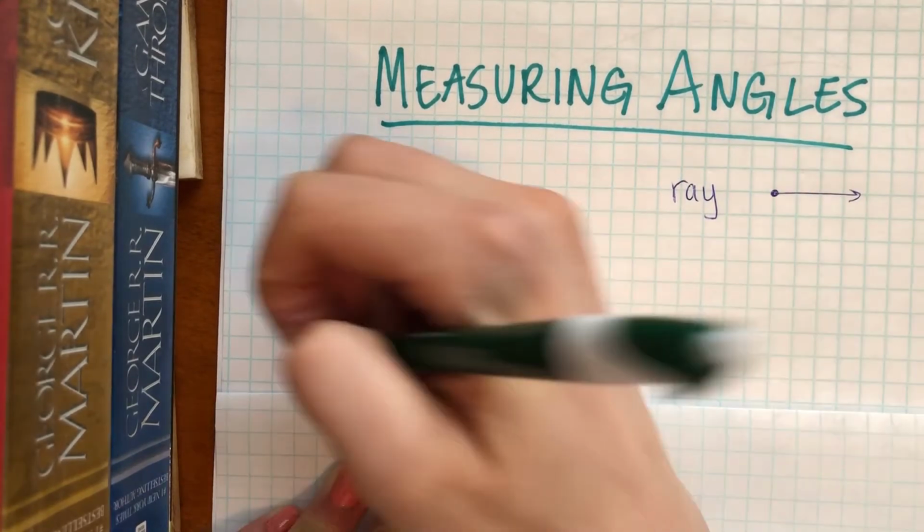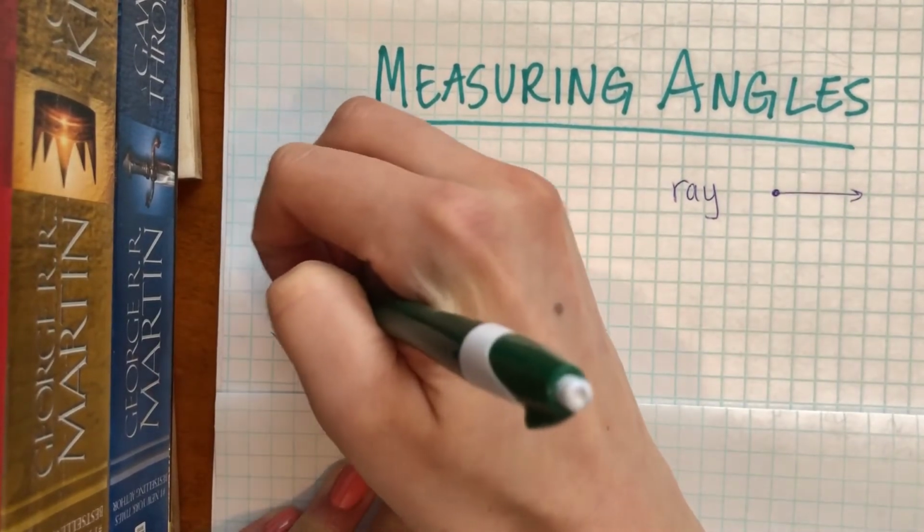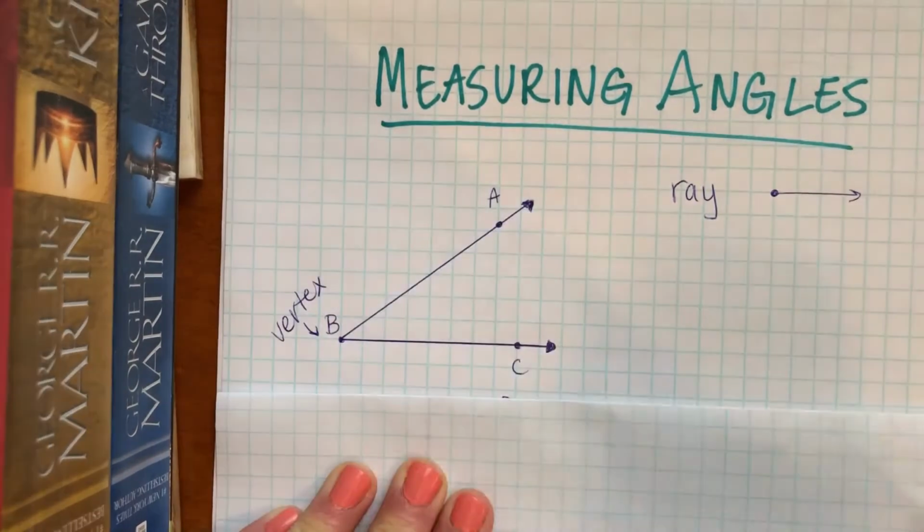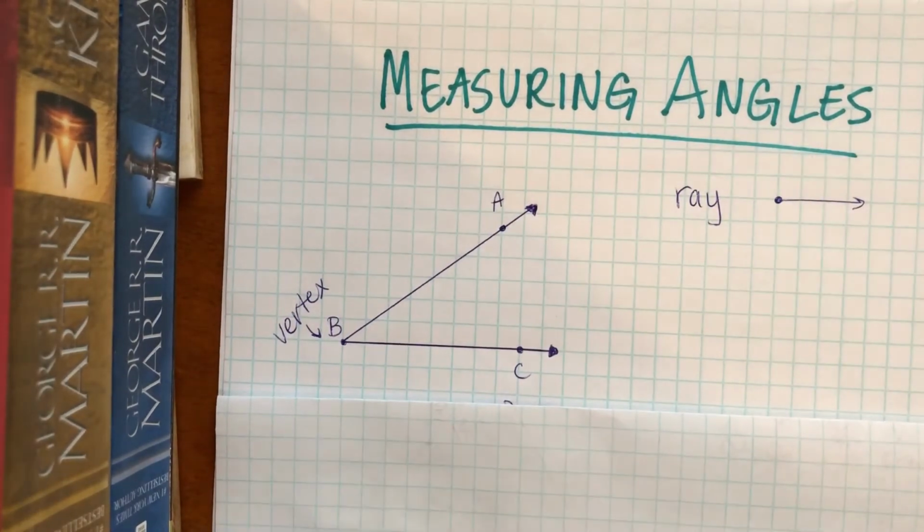So this point B right here is called our vertex. That's the vertex of the angle, where the rays meet, where the angle kind of comes out of. We can call this angle two names.